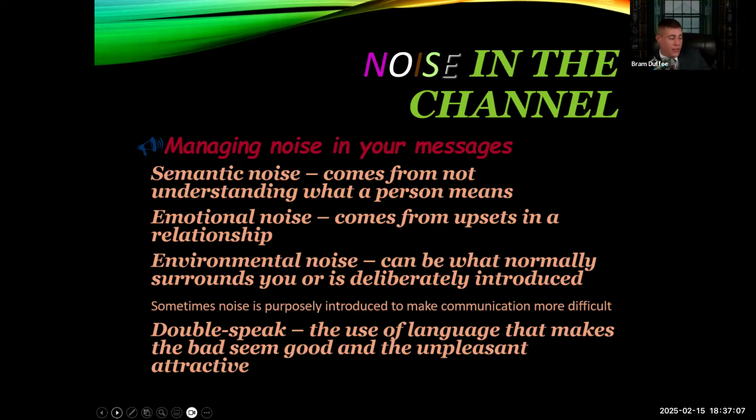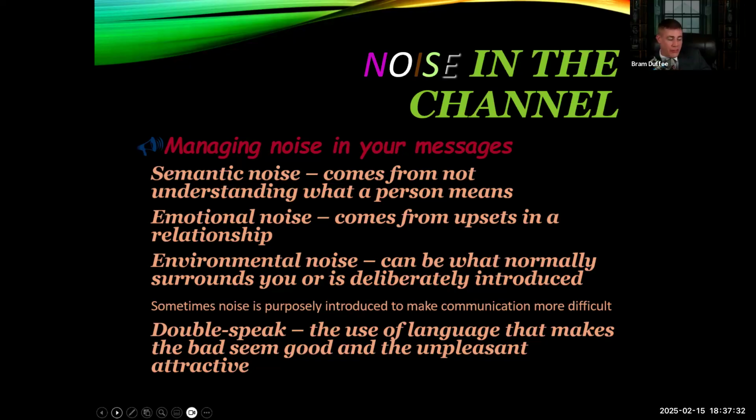So, one here, there's semantic noise. Semantic noise happens when words or phrases are misunderstood. For example, if you imagine someone saying, we need to table this discussion, are they asking to delay the topic or to prioritize it?